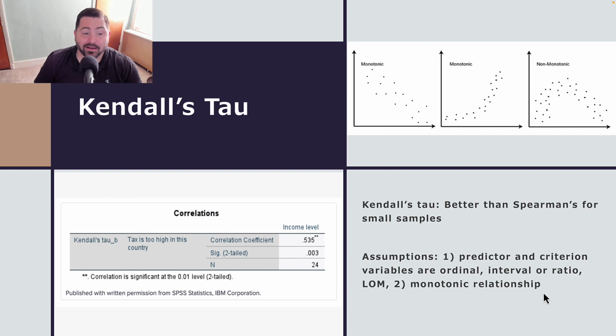But that's it. So when you look at the correlation coefficient in the bottom left quadrant of this table, you can again see the sample size, the number of people whose data was collected, the significance value of 0.003, which tells us it's statistically significant, and the correlation coefficient itself of 0.535, which is above the 0.5 threshold, also indicating that this is a statistically significant relationship.